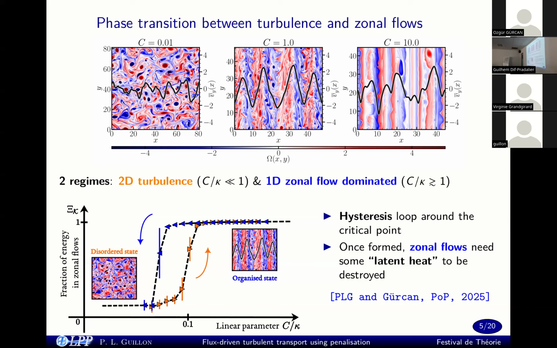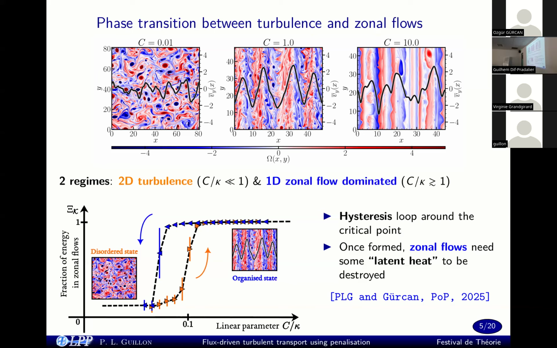Recently, we studied in detail the transition between those two regimes by seeing it as a phase transition between a disordered state, which is 2D turbulence, and a more organized state in the sense of thermodynamics, which is the state dominated by zonal flows. As in a phase transition, we use a control parameter, which is C over kappa, which we move to go from one regime to the other.